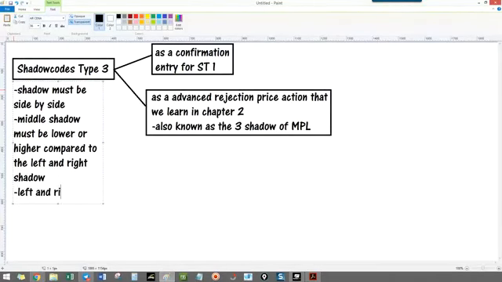Left and right shadow must be of the same height. Shadows must be side by side. The middle shadow must be lower or higher to the left. Right shadow must be of the same height. Okay.